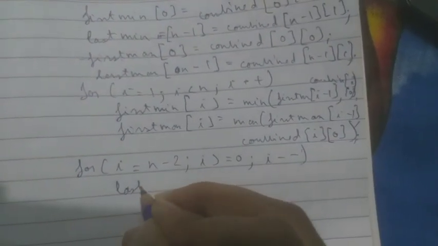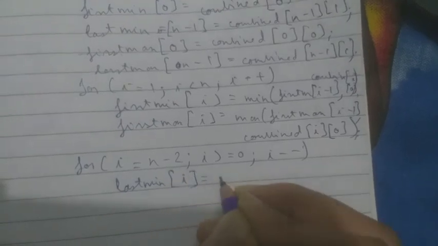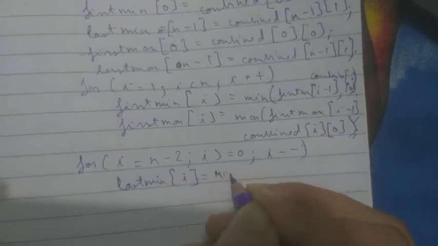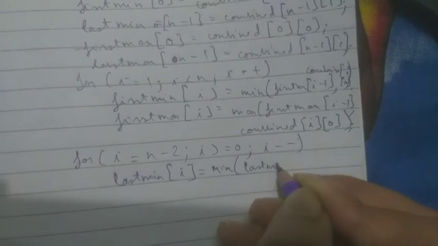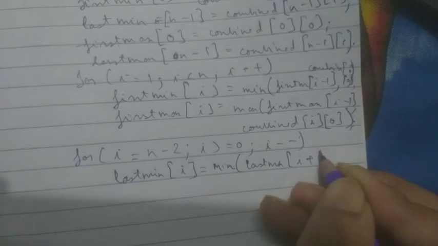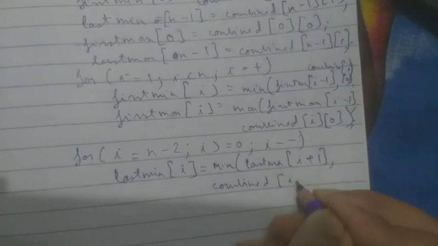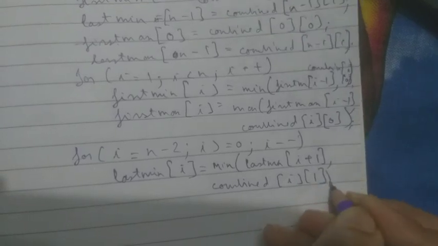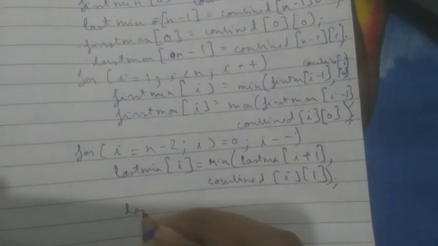So this will be last min of I is equal to the minimum of last min of I plus 1 comma combined I, and now it will be 1 because these two we were dealing with ARR and these two we are going to deal with BRR.